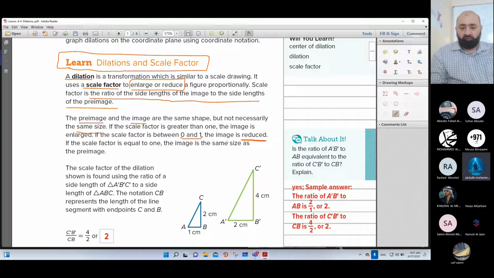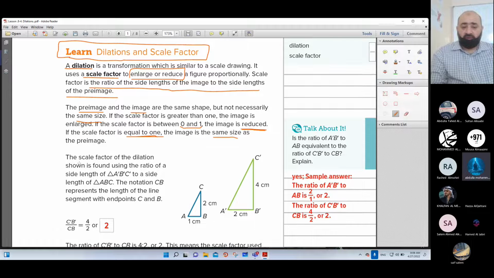If the scale factor is between 0 and 1, it means the image will be reduced, smaller than. If the scale factor is equal to 1, the image will be the same size as the pre-image.